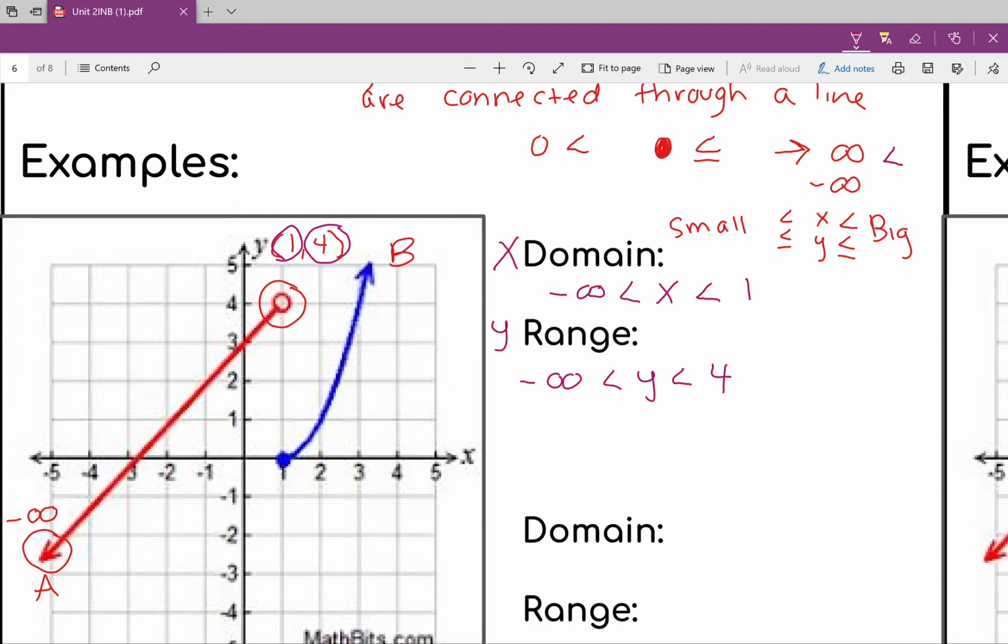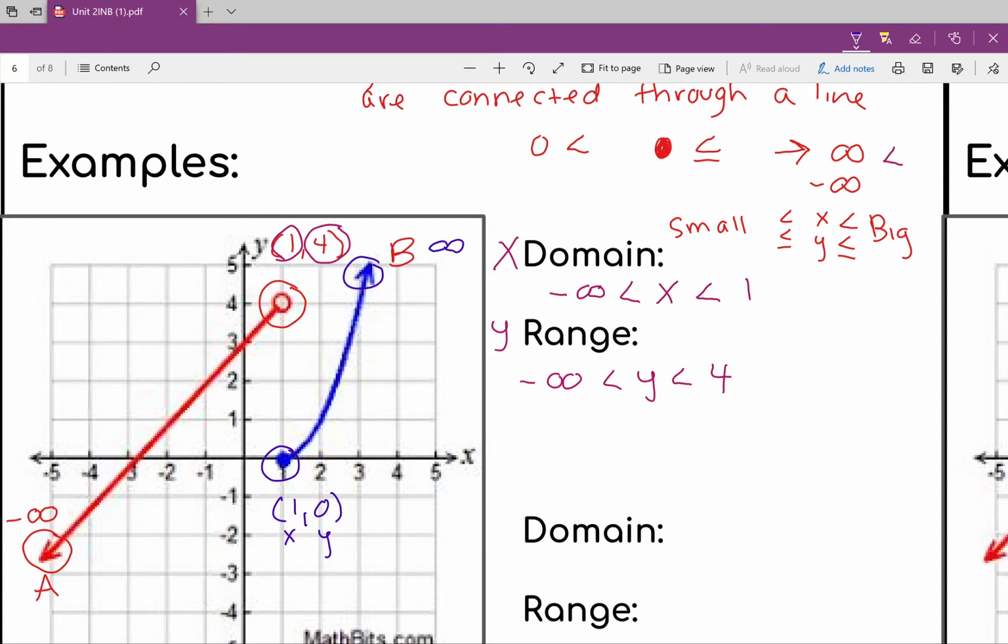Let's look at the blue line where I labeled it B. We're going to do the same thing and look at both points. I have a closed circle here, and I have an arrow here. This arrow, since it's going up, I'm going to say is positive infinity. And this point right here is at 1, 0. Remember, this is going to be my x, and this is going to be my y.